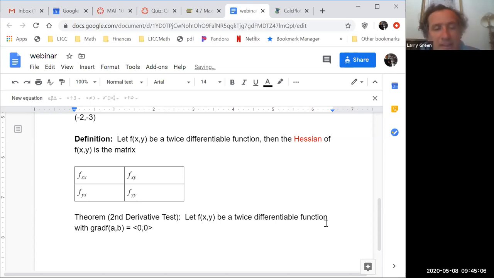So in other words, we got this critical point, and now we want to decide if we have a critical point that's a maximum, or maybe it's a minimum, or maybe it's a saddle, or maybe we don't know.